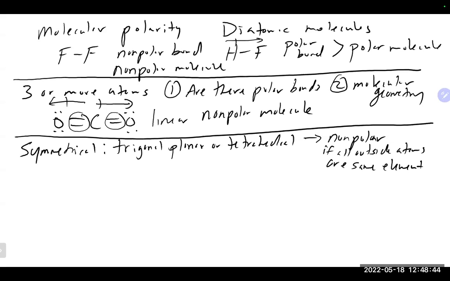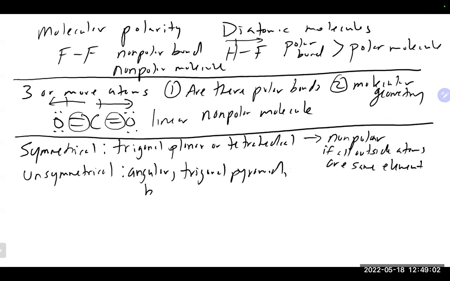And then we have some unsymmetrical geometries, which is pretty much everybody else. That's going to be our angular, our trigonal pyramid, our bent, our V-shaped.